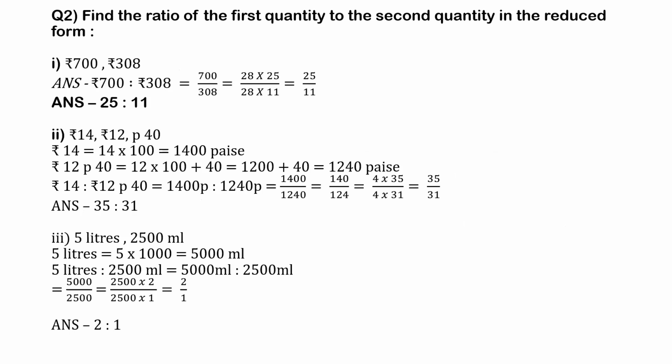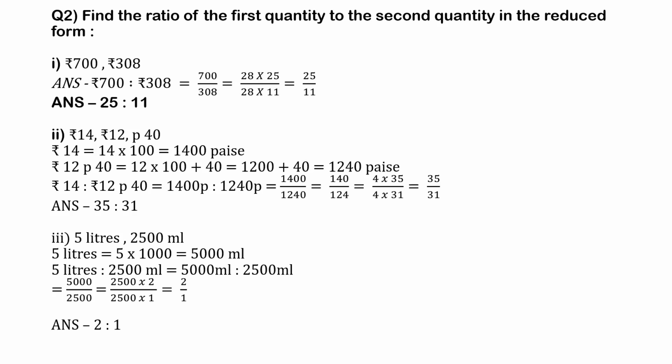So we will write rupees 700 is to rupees 308, which means 700 upon 308, which is equal to 28 multiplied by 25 upon 28 multiplied by 11. 28 in the numerator and denominator gets cancelled and we have 25 upon 11. So our answer is 25 is to 11.